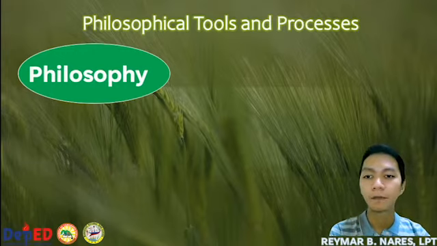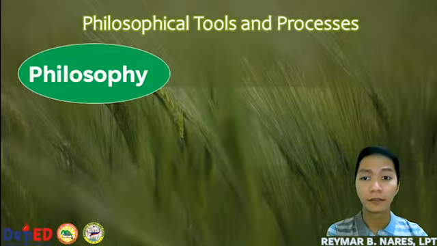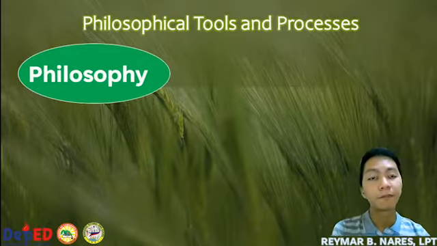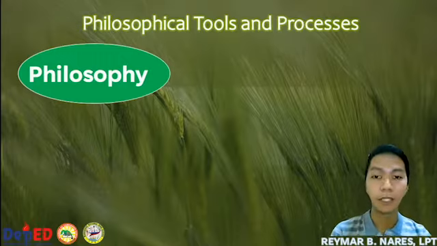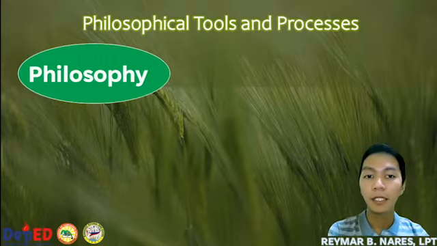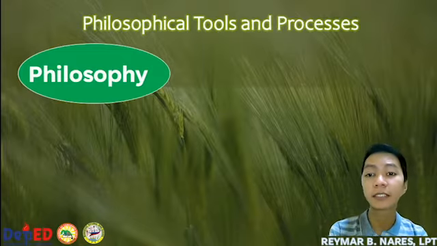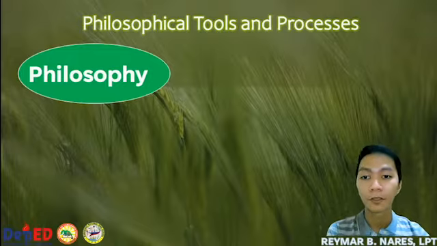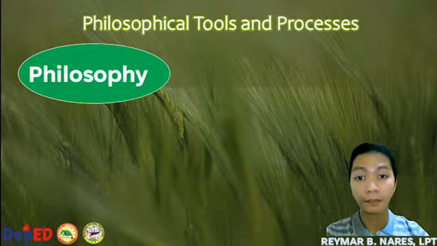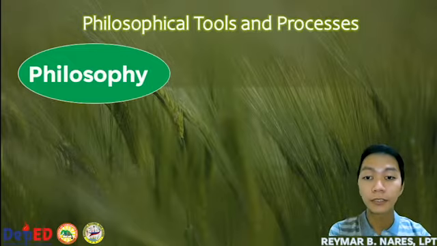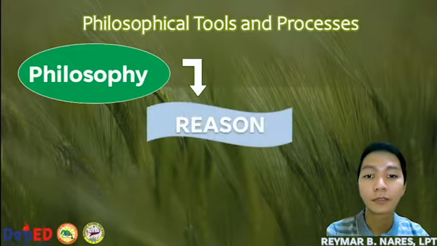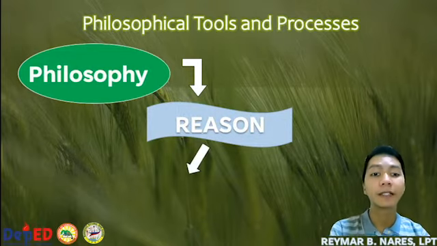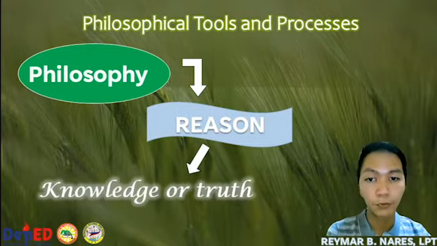Philosophy as a science is also a systematized body of knowledge, right? But unlike other sciences, which employ observation and experimentation to prove their theories, in philosophy we use reason to arrive at a certain knowledge or truth.